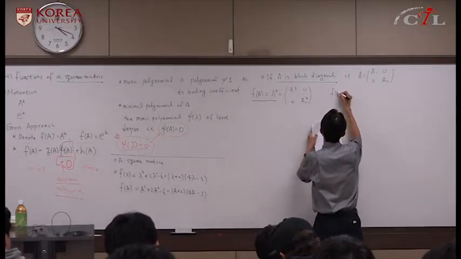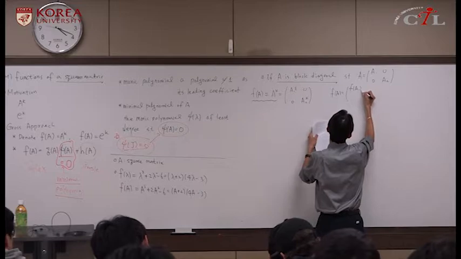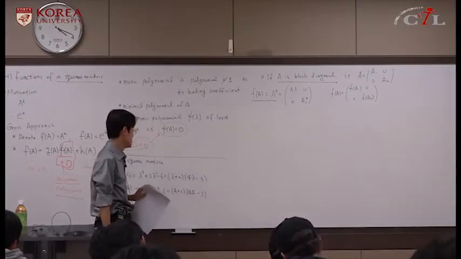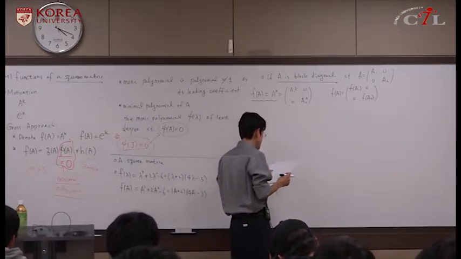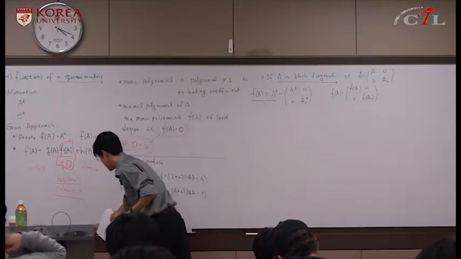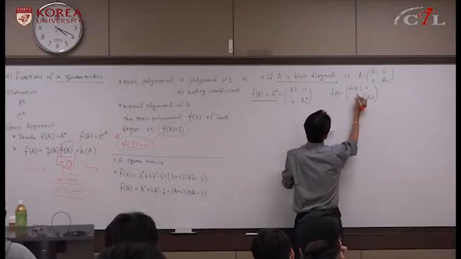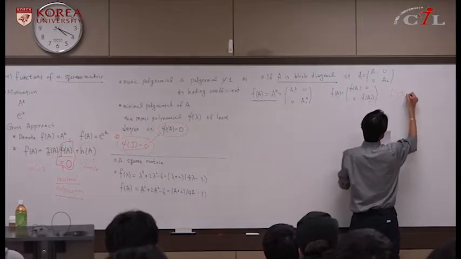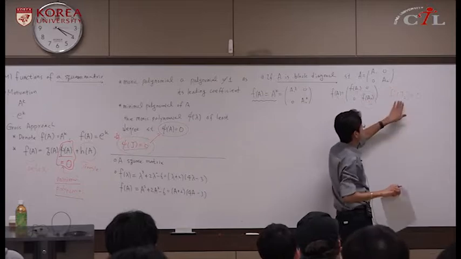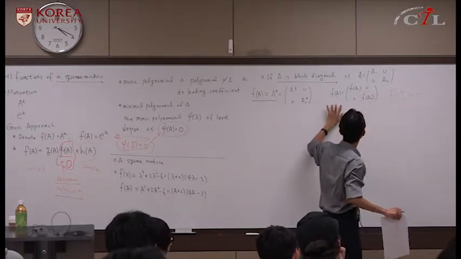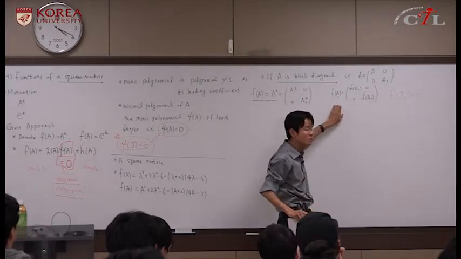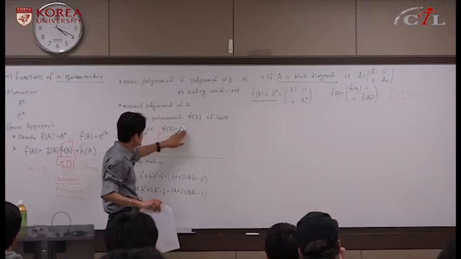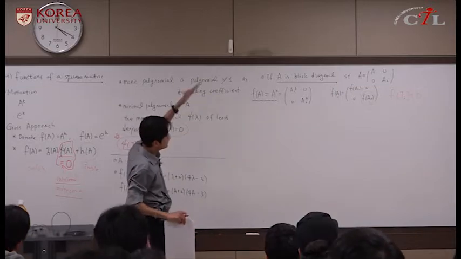This means that f(A) is f(A1), f(A2). So if this is Jordan form, and we find a function that satisfies the condition for a given Jordan block, giving zero, then it will be valid on the whole Jordan form. The flow chart goes like that.